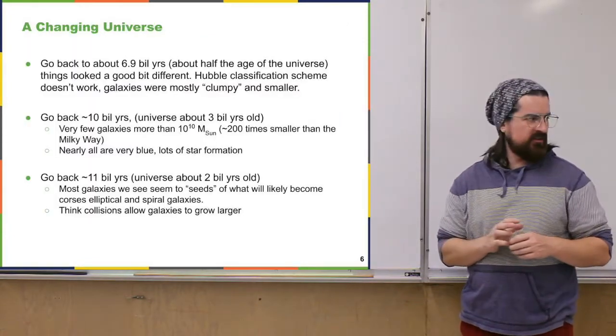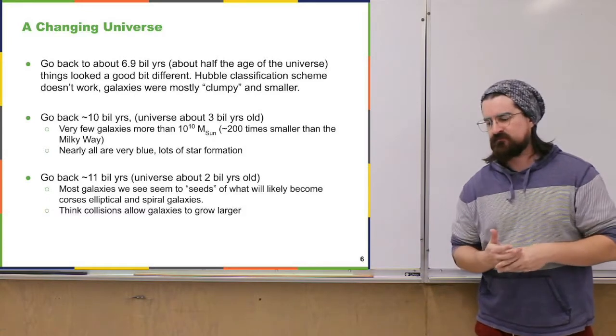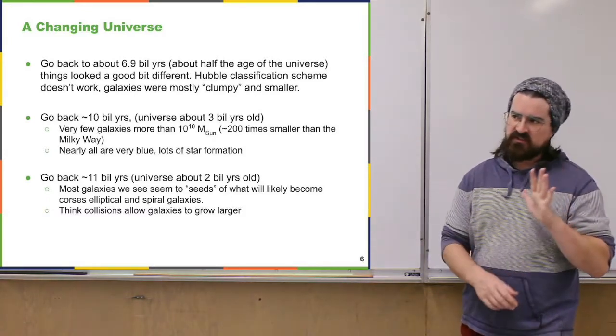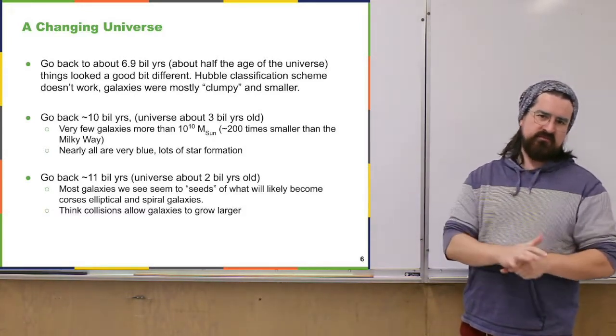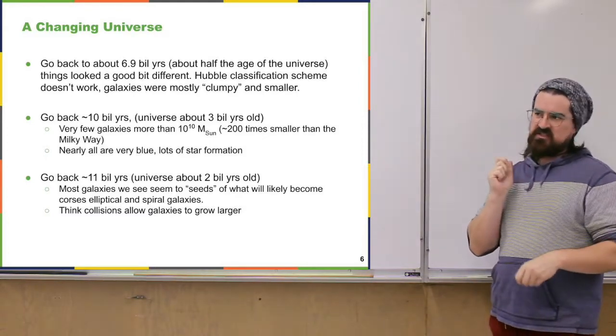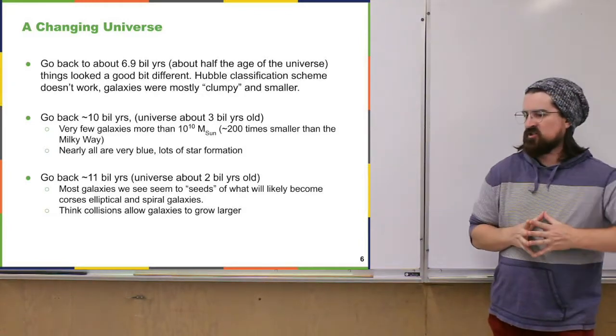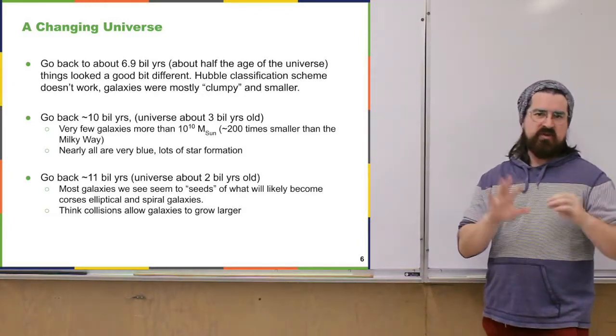So a lot of stuff changed about our understanding of the universe in the last 100 years or so. It was Hubble in the 20s who pretty much convinced everybody, at least in the scientific community, that there are galaxies beyond our own, and technology was advancing so we could see these galaxies a bit better.